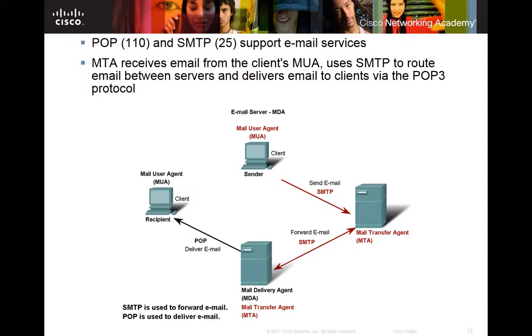All right? And then what we have is MDA, MUAs, and Mail Transfer Agent. We have an MDA, which is the email server. Then you're going to have an MUA, which is Mail User Agent, who sends an email through SMTP to his SMTP server of wherever the ISP's or the SMTP server that he's connected to.